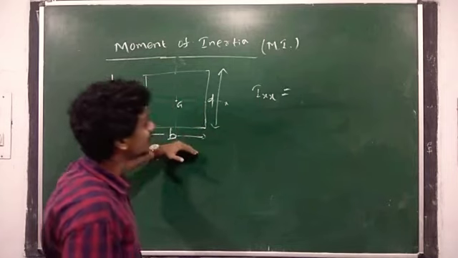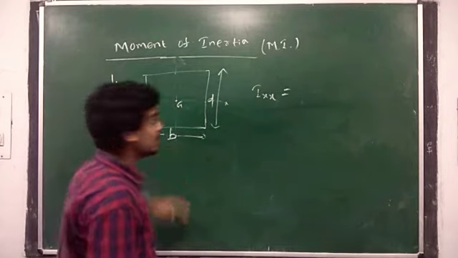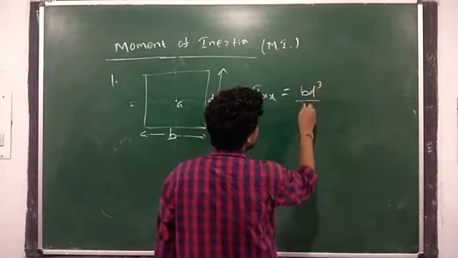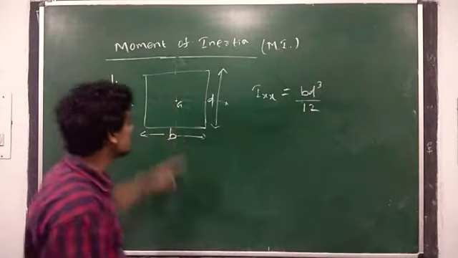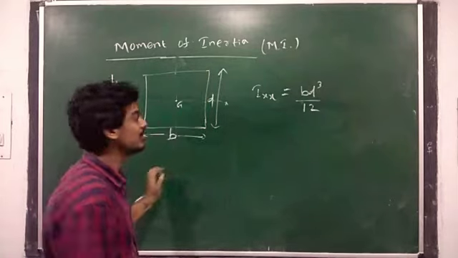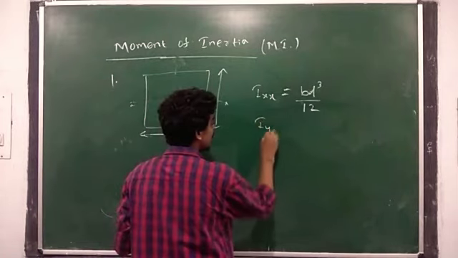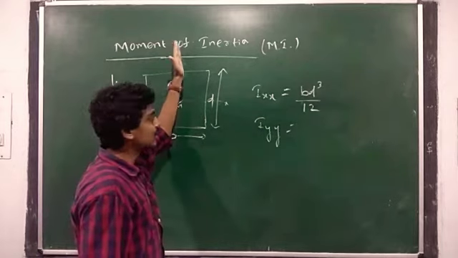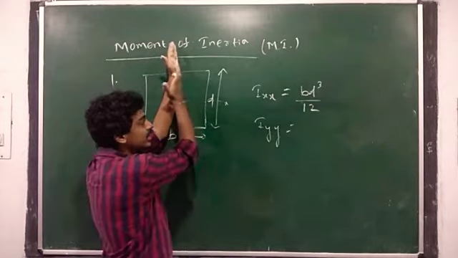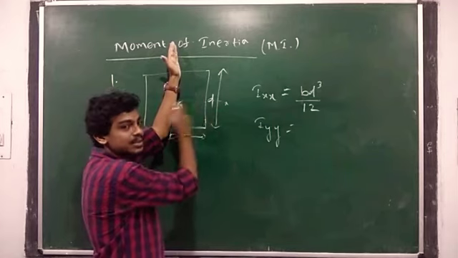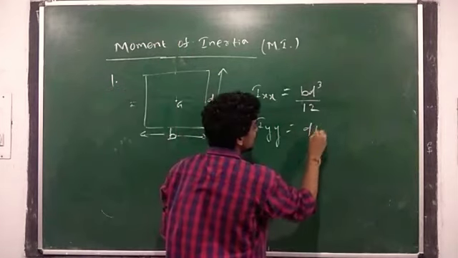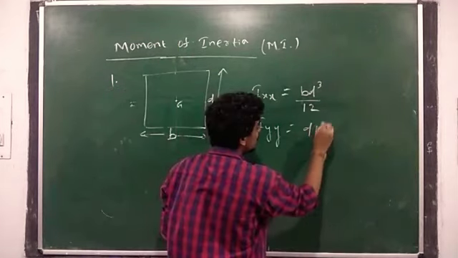If someone tells you to calculate the value along x direction, then you can use the formula bd cube by 12. That means base into depth cubed by 12. The same case, Iyy value you can calculate. Iyy means along vertical direction. So along the vertical direction, what is the base? d is the base and b is the height. So the same case will be just opposite, that is db cube by 12.